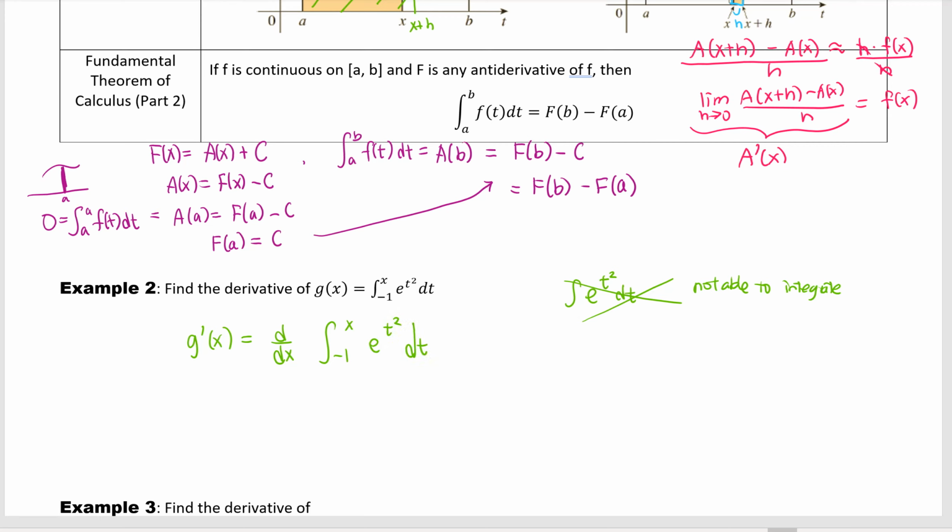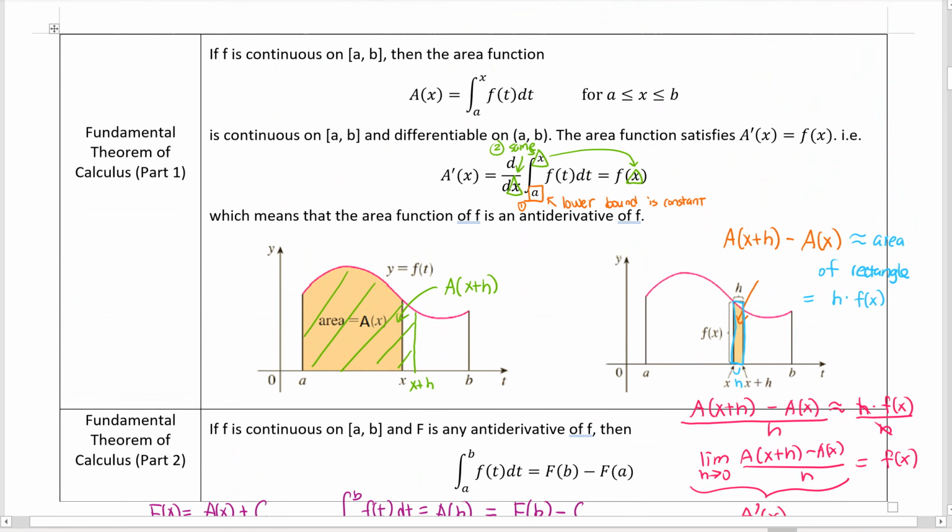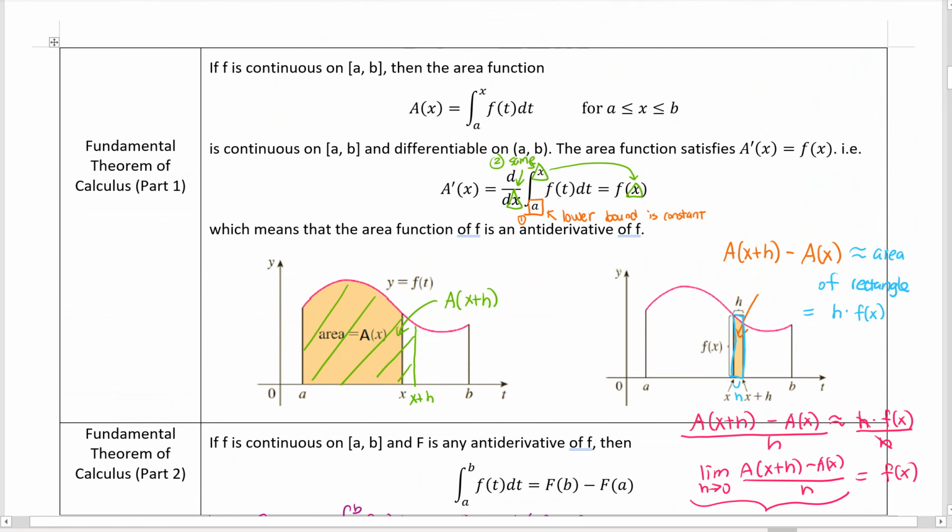Let's check the two conditions of Fundamental Theorem of Calculus part 1. First, we want to check whether the lower limit of integration is a constant. Second, we want to check whether the upper limit of integration x and the variable of the derivative with respect to x are the same.